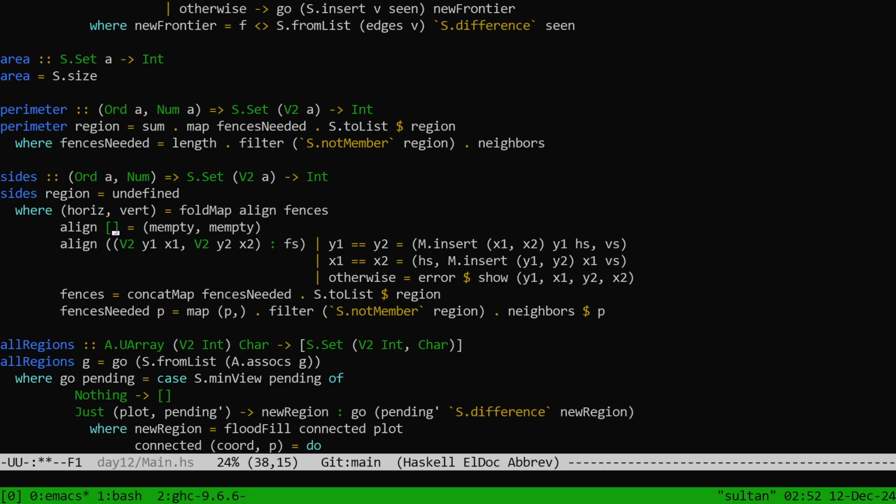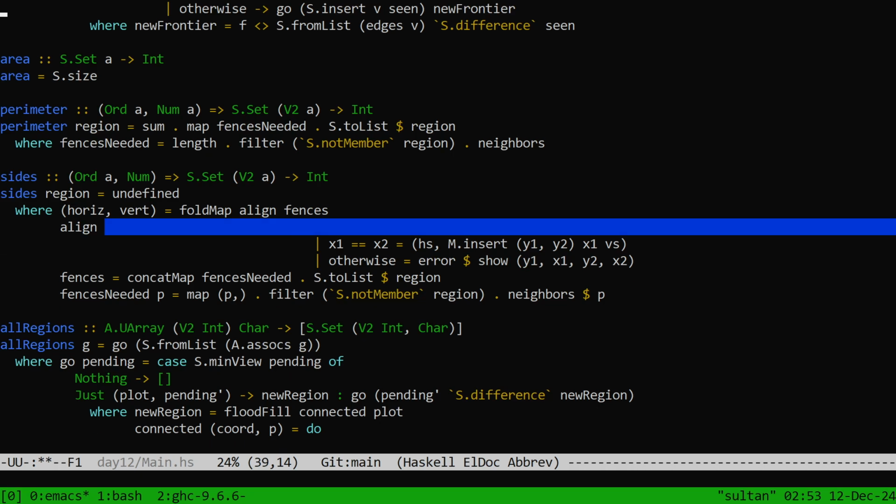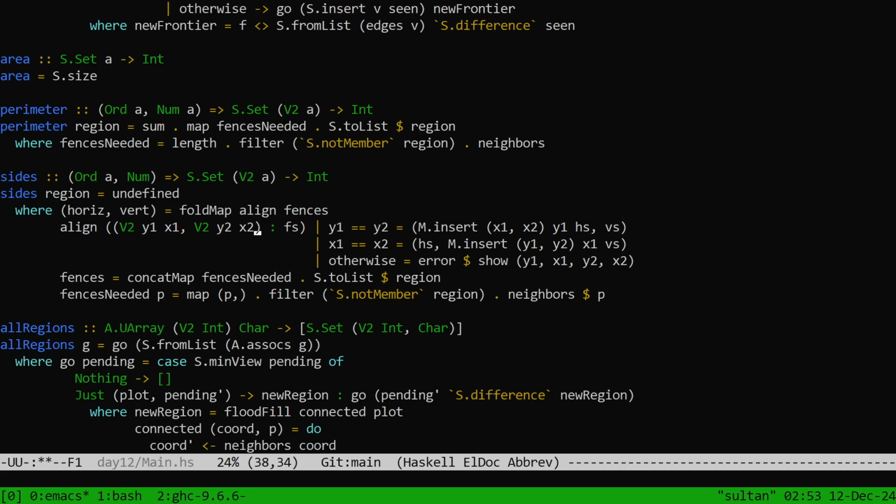Fold map align. So now we don't have to do the pattern matching anymore. And I hadn't even finished because I was going to have to write h's and v's, but now I don't have to. It'll just implicitly happen from align of a pair. We're not going to work with a list anymore. We don't have to call m insert. We can say m singleton. Empty. Empty and m singleton.